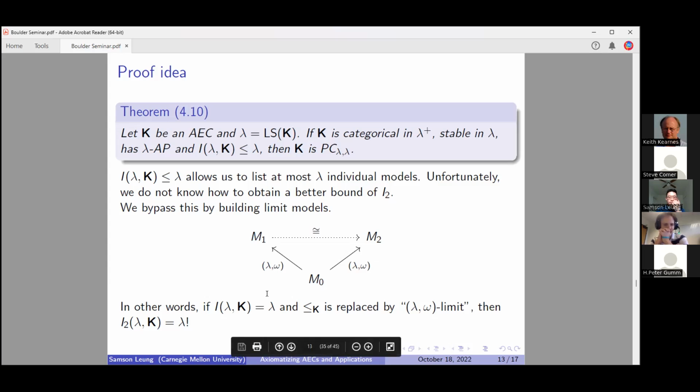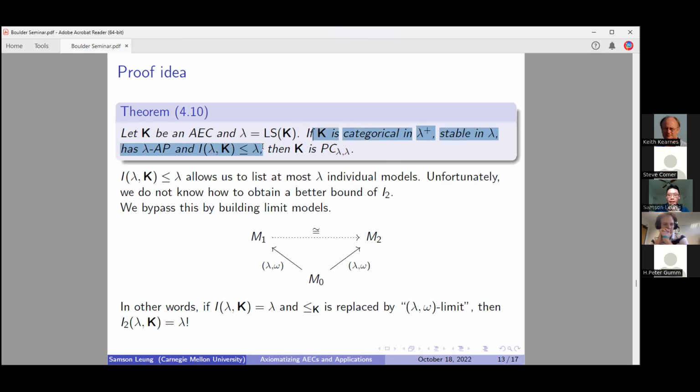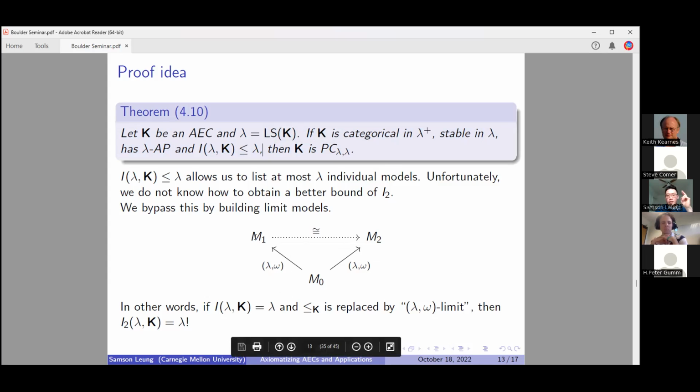And you may ask, what's special about these limit models, and when can we obtain this kind of limit models? Basically, what I wrote above guarantees they exist. And what's nice about them is that if you have two versions of limit models over the same base M0, you can actually get an isomorphism from M1 to M2 fixing the base M0.